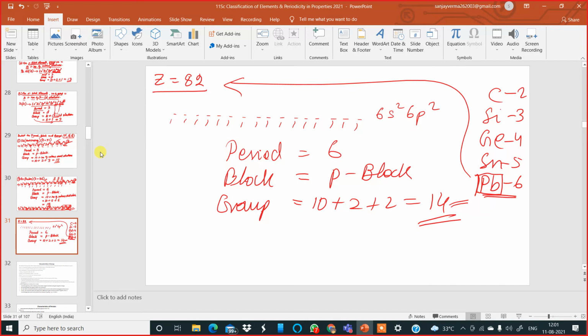Am I clear? Today most of you have become better than me in predicting the P, B, and G of the elements. P means period, B means block, and G means group. Am I clear? Are you confident now, boys?